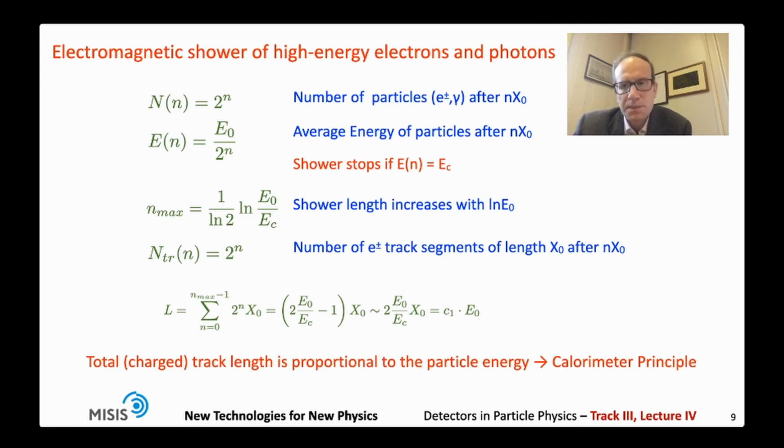So in some sense there are different ways of collecting signal which is related to the track length of each individual particle inside the shower. If you sum up all these signals, which are somehow related directly or indirectly to the track length of each particle, then you end up with a signal which is proportional to the incoming energy.